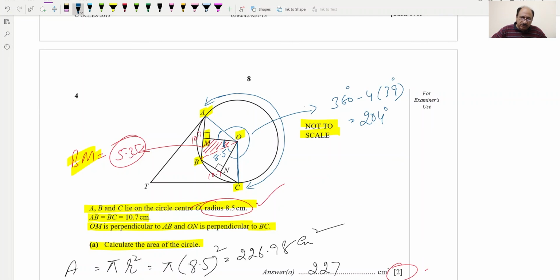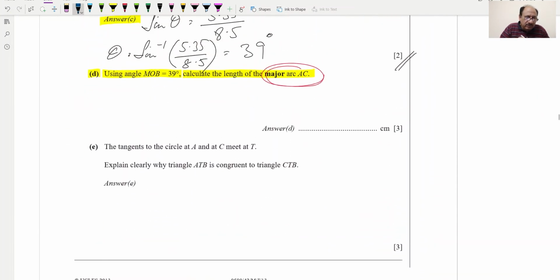Hopefully you understand this. So now we can write the working over here. 360 minus 39 into 4 is equal to 204, and now we can apply the arc length formula. So the length of AC will be equal to theta over 360 into 2 pi r, and r is 8.5.